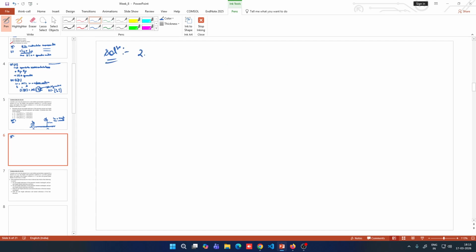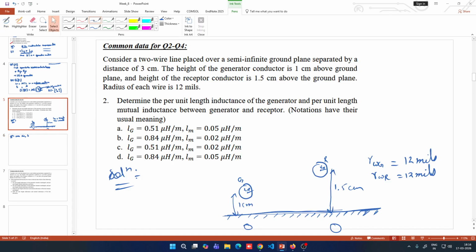In the problem it is given that for a two wire line, the generator height I am denoting as HG, and this is HR.